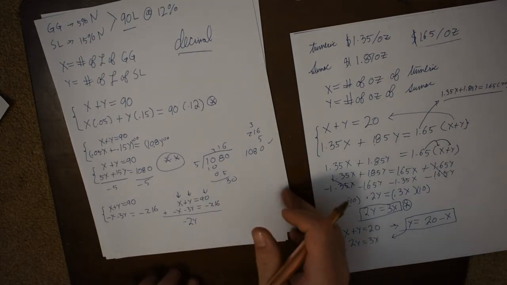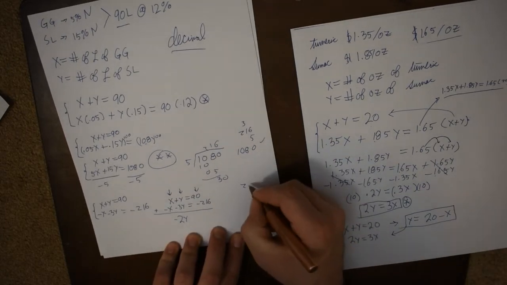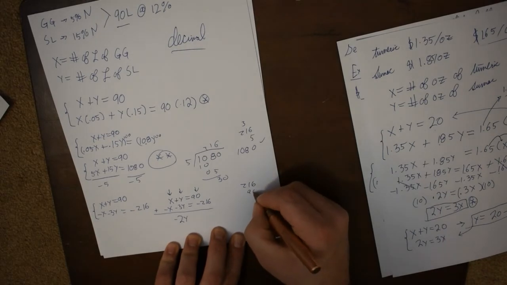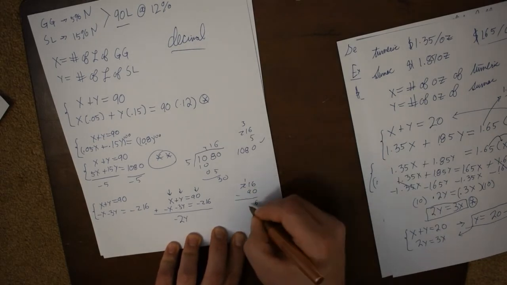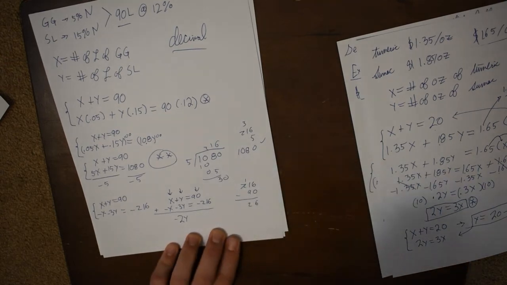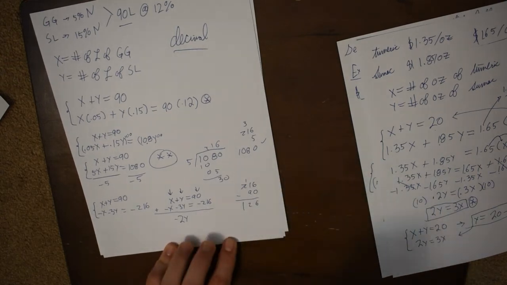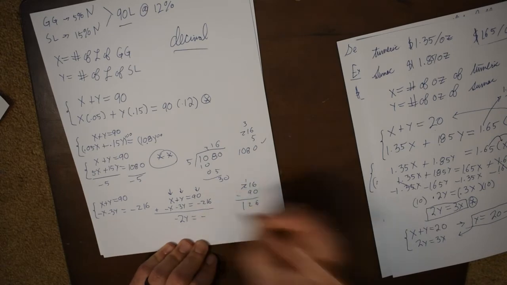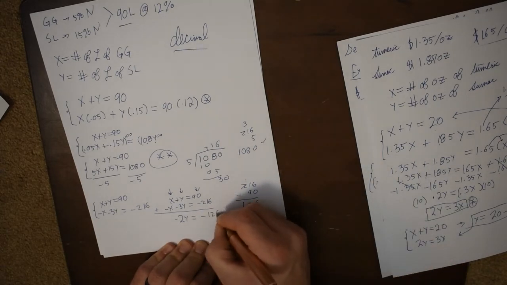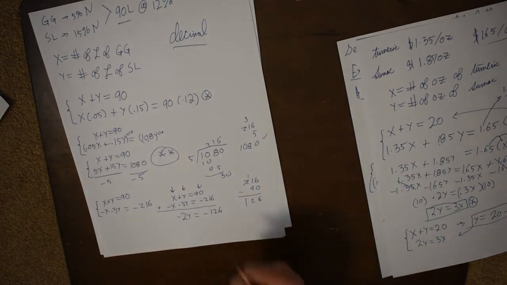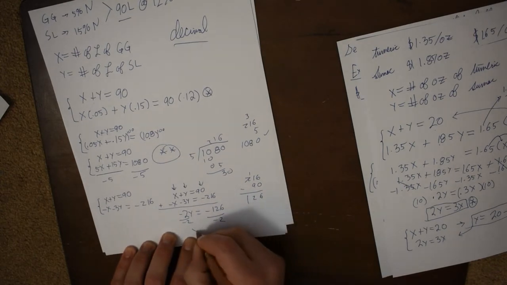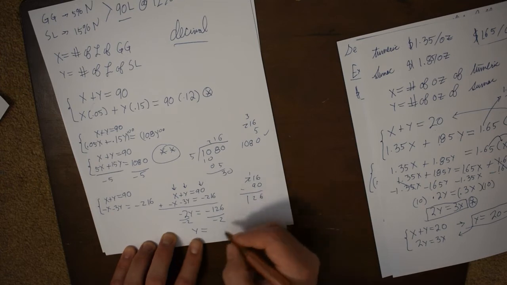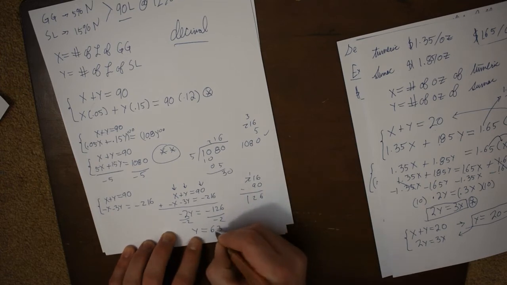And 90 take away 216. If we had 216 and we took 90 from it, we get 126, so it's equal to -126. Divide both sides by -2 to get y is equal to 63.